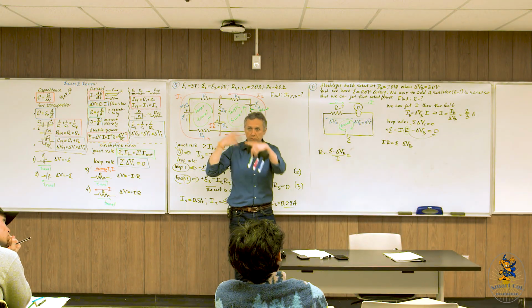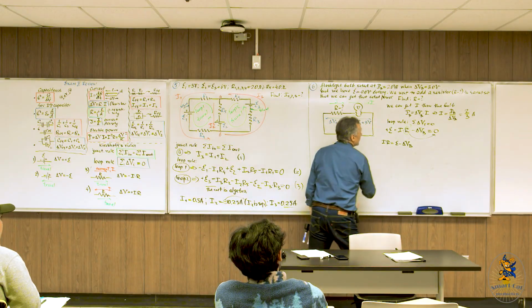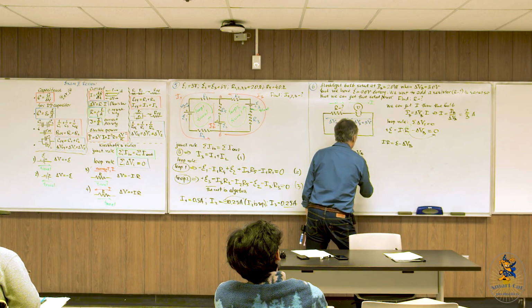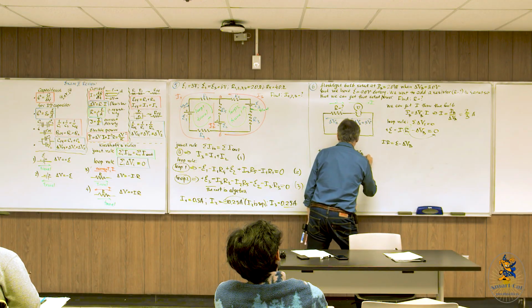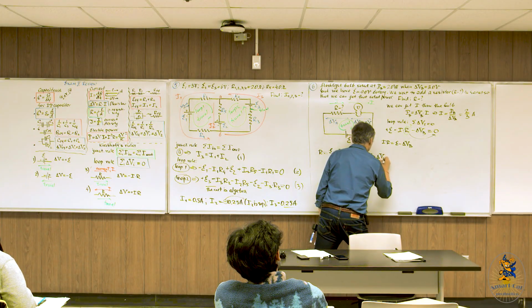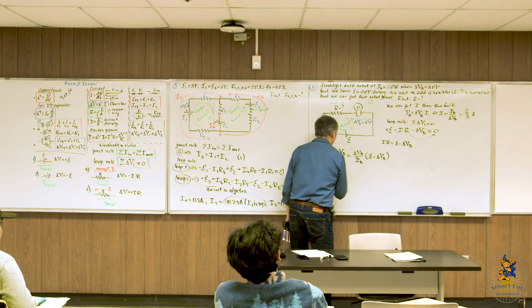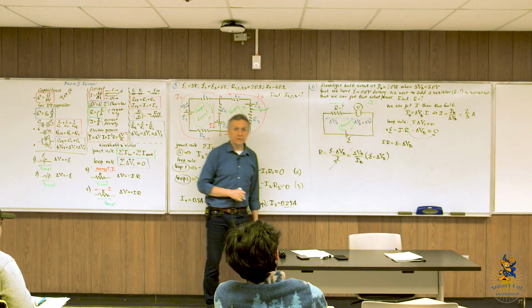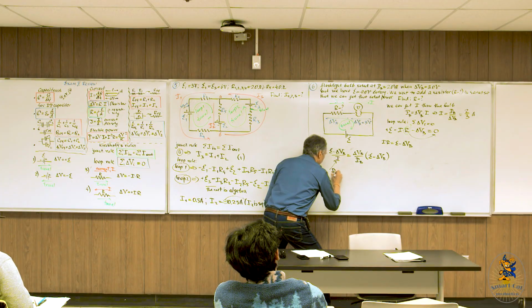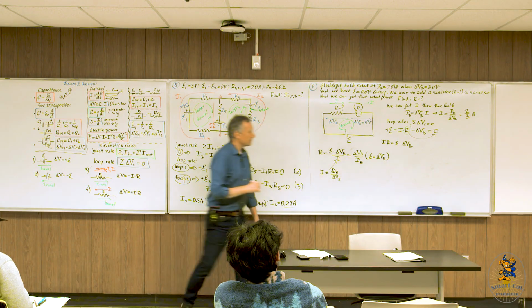So if you plug it, it will be delta V_B divided by P, and EMF minus potential difference across the battery. So basically, we need to plug over here that I is P over delta V_B.